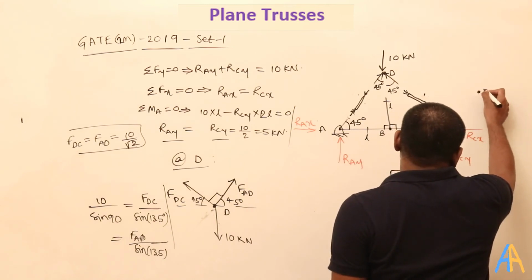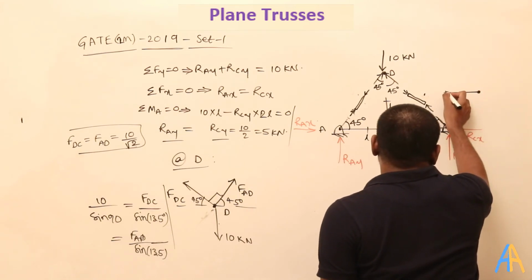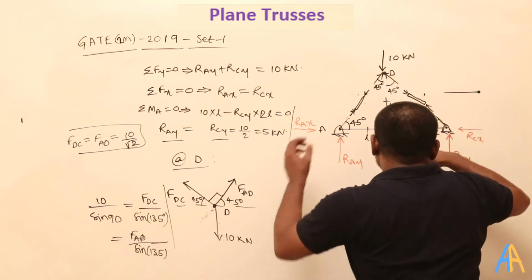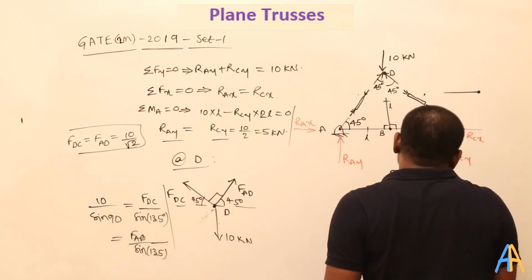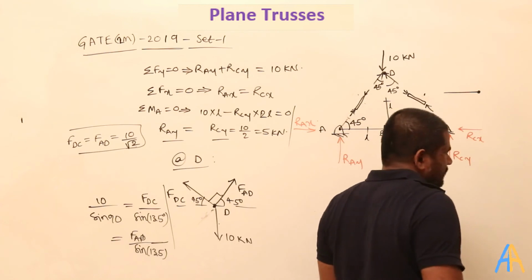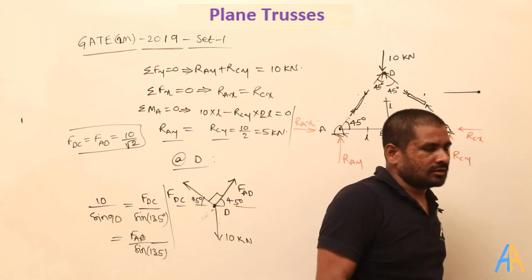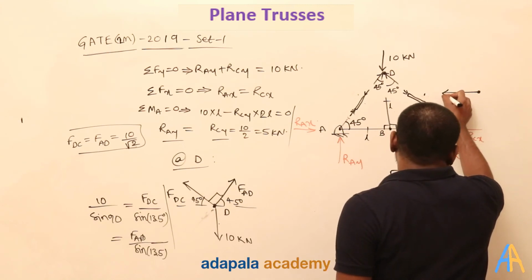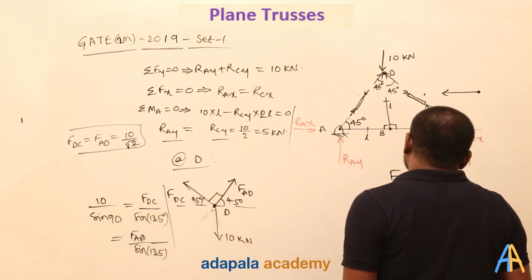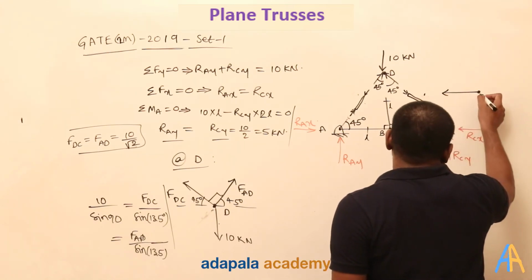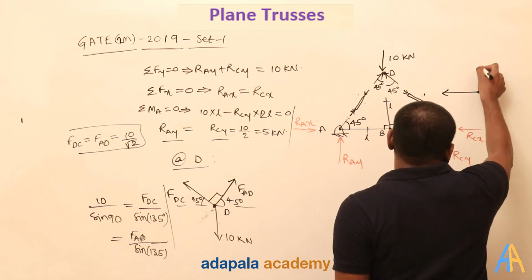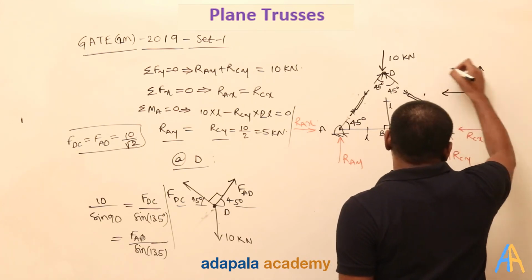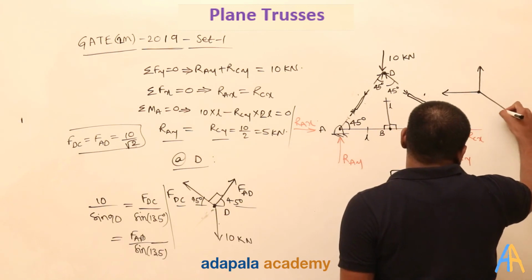See here, this is one force. When it is trying to compress, then it is subjected to tension. Okay, whenever it is subjected to tension, on the junction it is like this force, and here this is the vertical force, and this is subjected to compression.